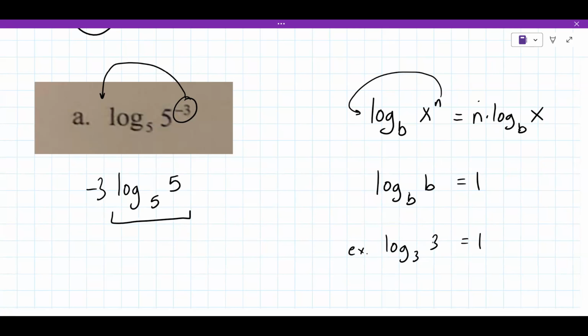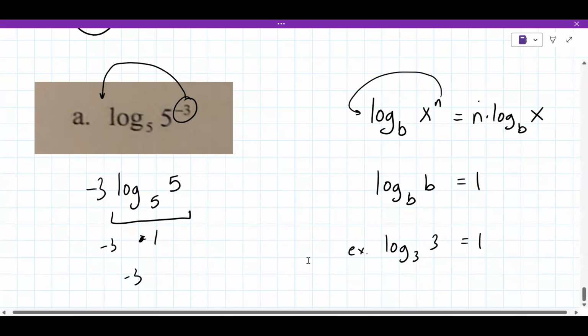So this part is 1, and then it's -3 times 1, so it's -3 total. Oh, okay, because the 5 cancels out? Yeah, the log base 5 of 5 goes away, and it just becomes -3. Okay, got it.